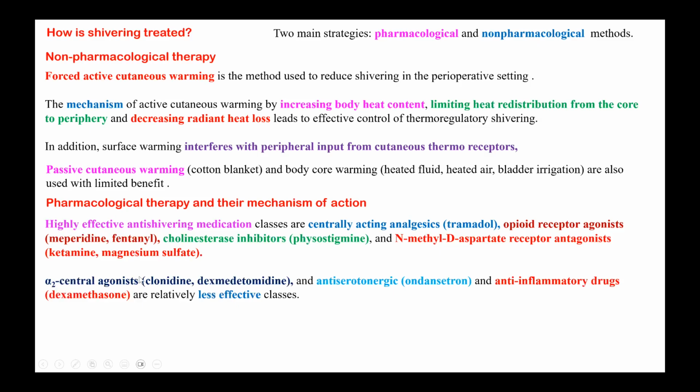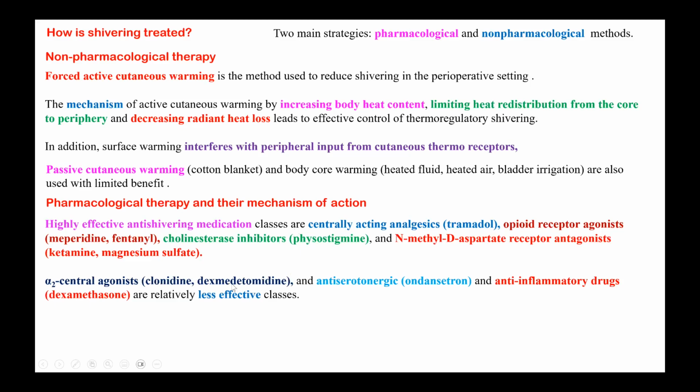The commonly used clonidine and dexmedetomidine, even though books say they are less effective, in practice, whether given by the IV route or intrathecally, definitely work better in controlling the shivering than the other drugs.